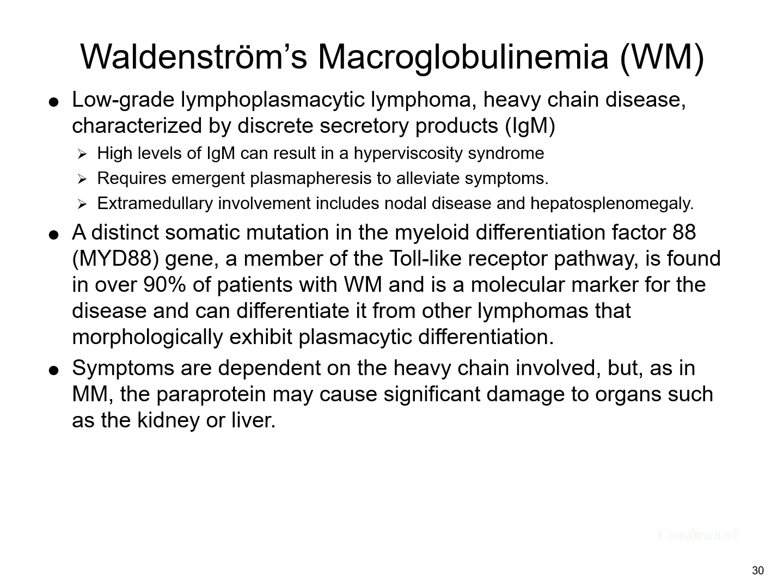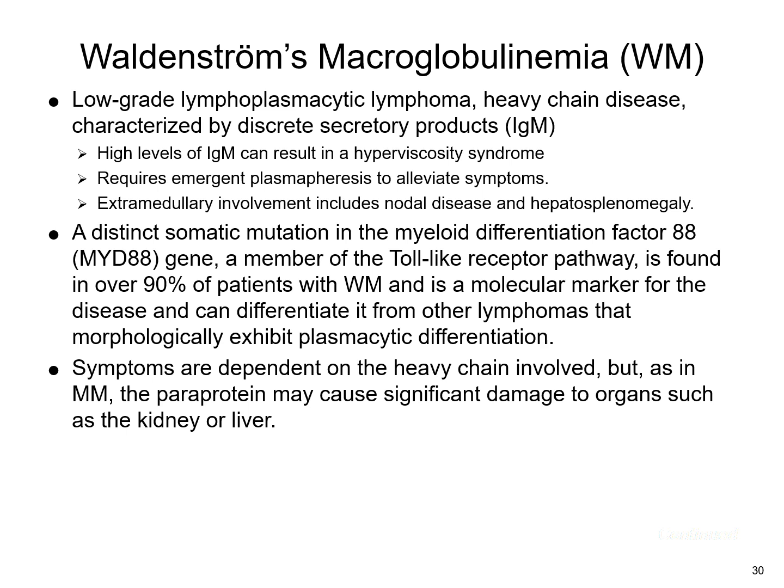Now, with this disease, there's going to be a distinct somatic mutation in the myeloid differentiation factor 88, or MYD88, gene. And so this is found in about 90% or more of patients that have this disease.